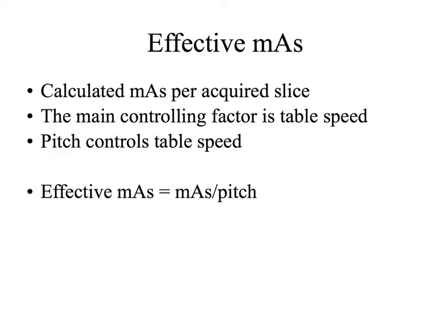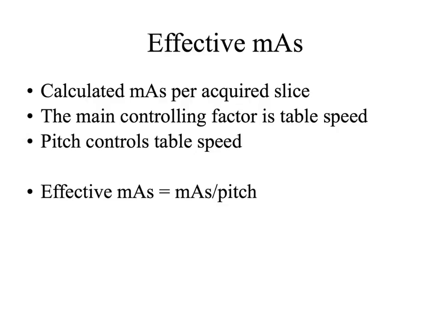So effective mass is basically the calculated mAs per acquired slice. So for every spin that this receptor makes, the amount of mAs that it took for it to complete that spin, right? So the main controlling factor in this is going to be table speed, right? So the faster we can move that table, the more we can decrease the patient's dose, is what this is telling us, okay? Pitch controls the table speed.